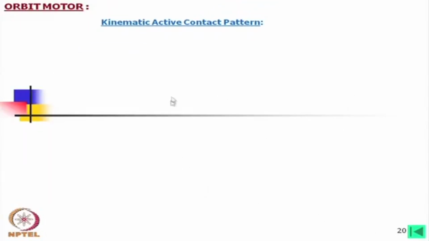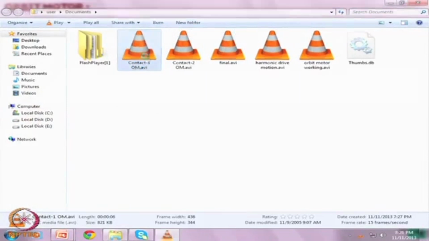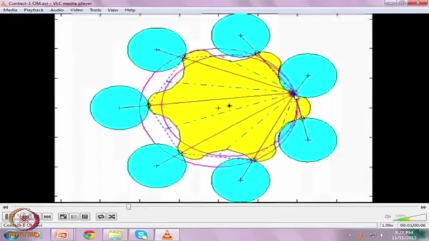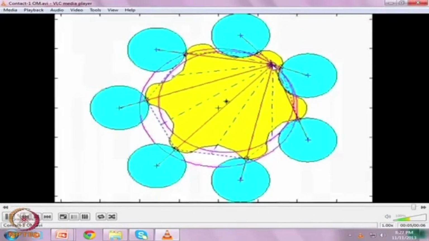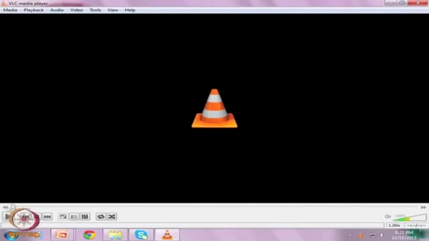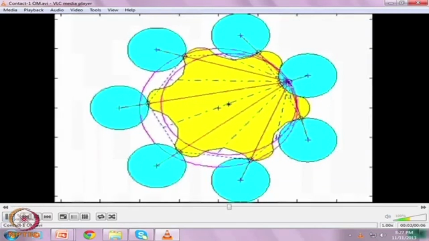Now, kinematics of active contacts, if we would like to observe this, let us see. As you can see, for each and every contact point, this is the instantaneous center of rotation of this.